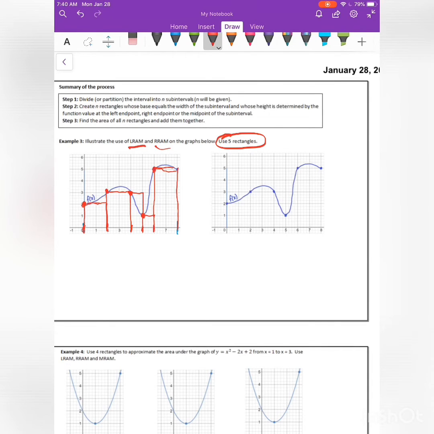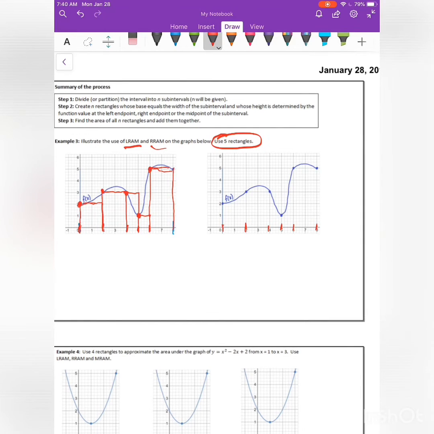If you look again at each one of those rectangles, the left endpoint is on the curve. We're going to do the same thing, but this time a right endpoint. So from 0 to 2, I'm going to be at that point, and that determines the height of my rectangle. At 4, I'd be here. At 5, I'm down here.